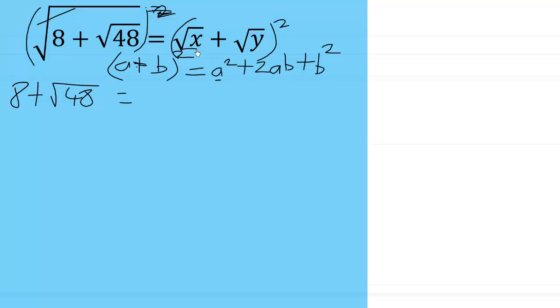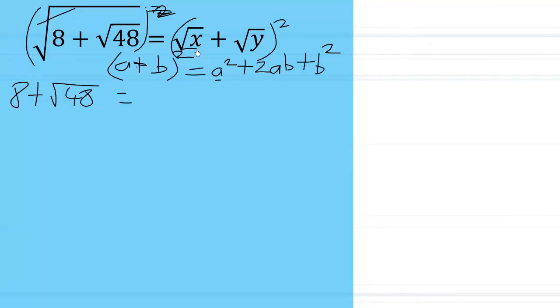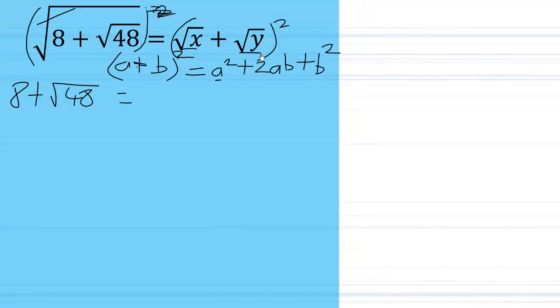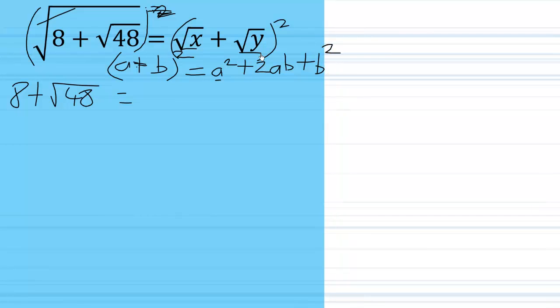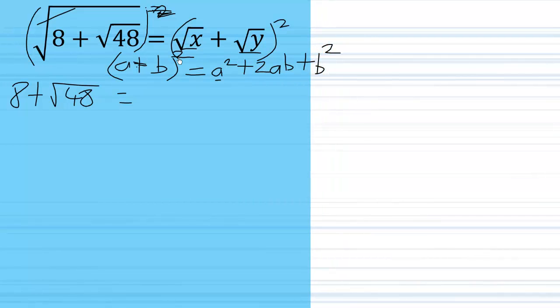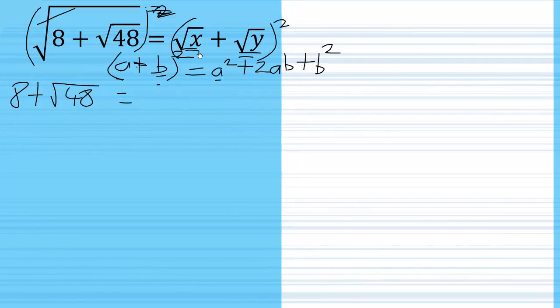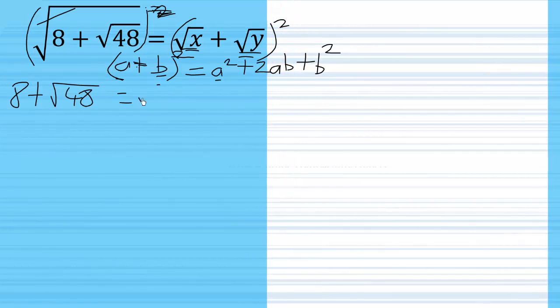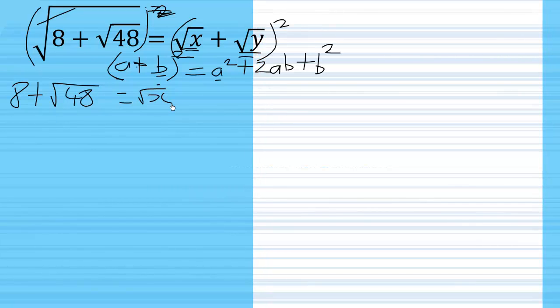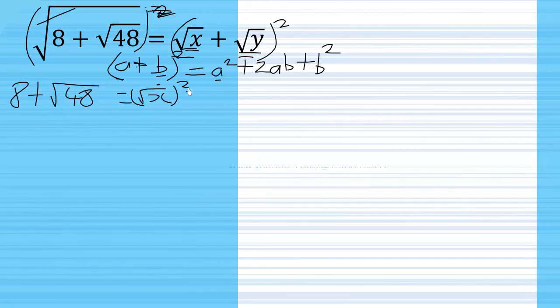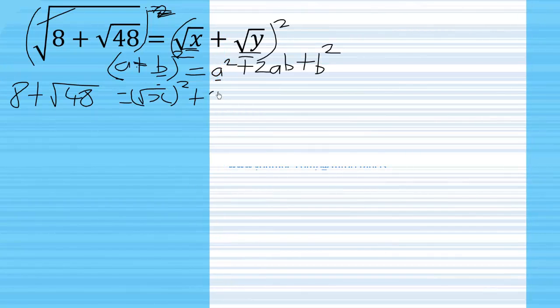Now a is square root of x and b is square root of y when we compare this to this. So a squared will be square root of x squared. Then plus 2ab.